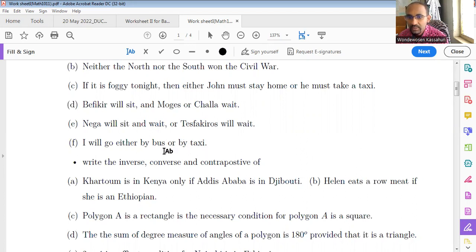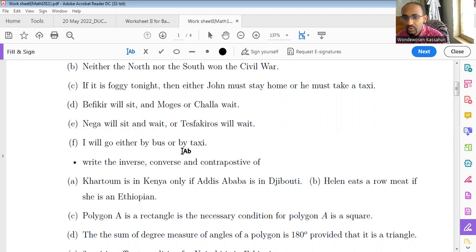P or Q is not of not P, okay? Not of not P or Q. As you know, P implies Q is equivalent to not P or Q, okay? So not of not P or Q is equivalent to P or Q, because twice negation is equal to the proposition itself. That means not P implies Q, okay?